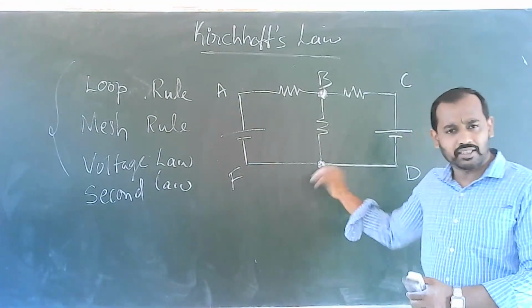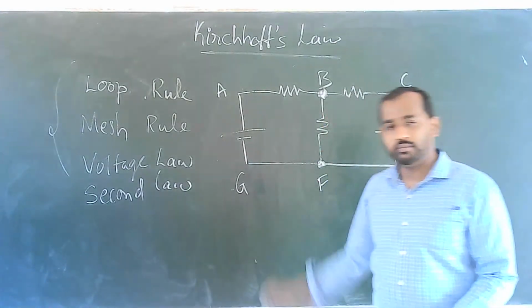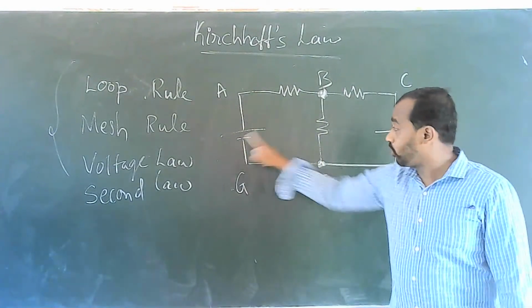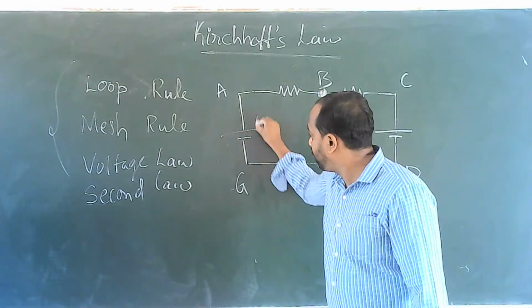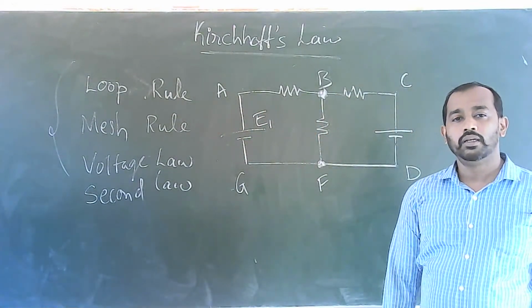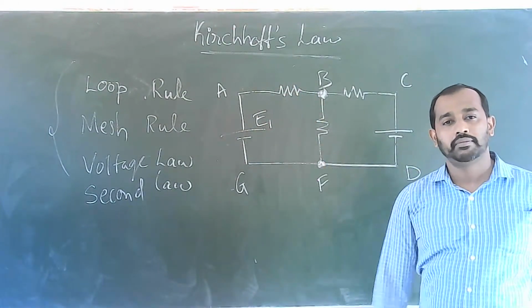Sorry, I will take it as, instead of E, I will write it as F and this as G. E we need to represent for the cells. Since there are two cells, the first cell will have the EMF represented as E1. Should I be writing its internal resistance?